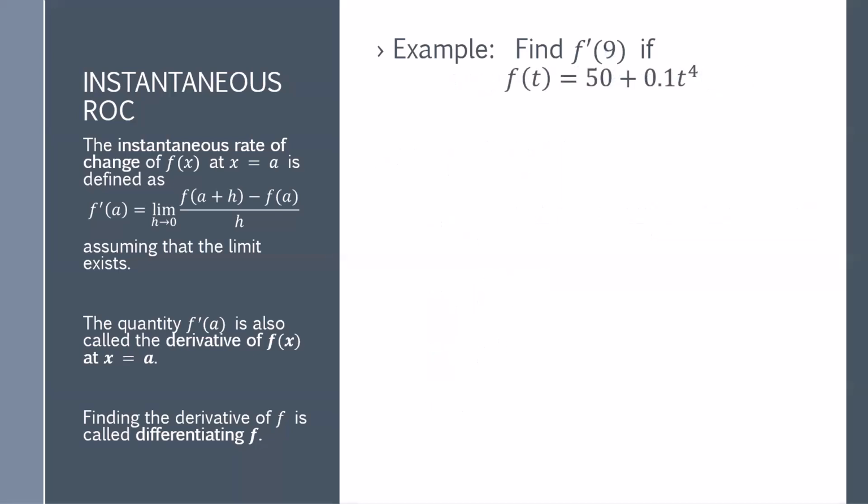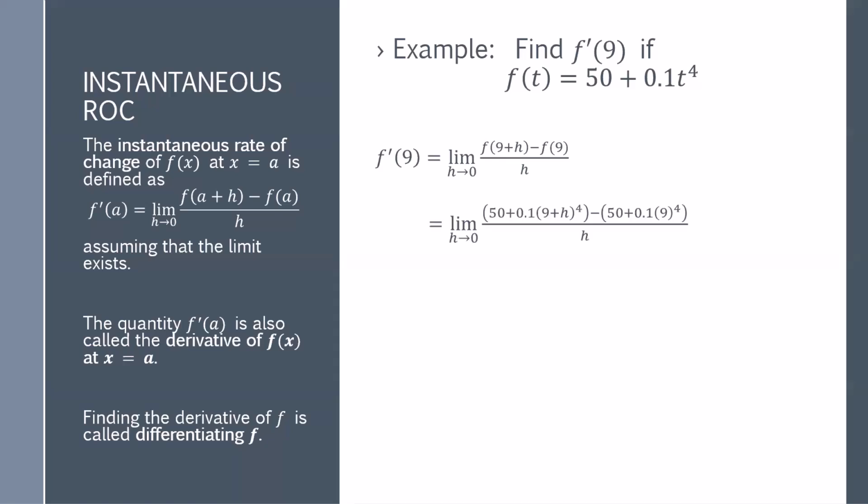Another example, we want to find f'(9) if f(t) is 50 plus 0.1t to the 4. So f'(9) is the limit as h approaches 0 of (f(9 + h) minus f(9)) divided by h. This is the limit as h approaches 0 of (50 plus 0.1 times (9 + h) to the power of 4, minus (50 plus 0.1 times 9 to the 4)) divided by h.